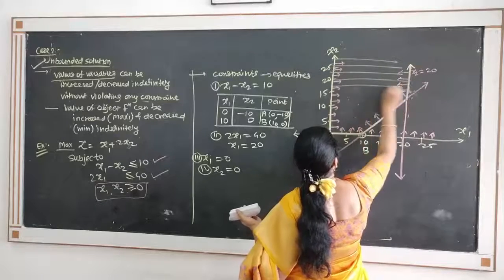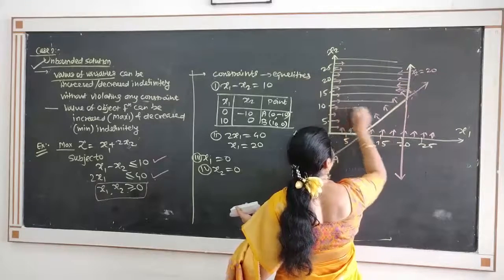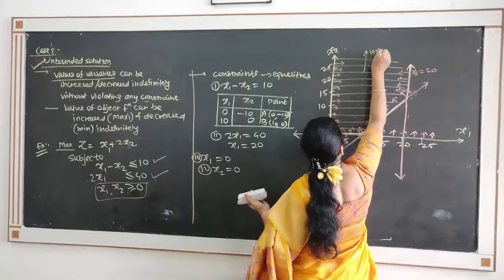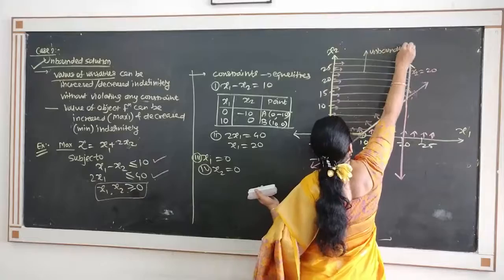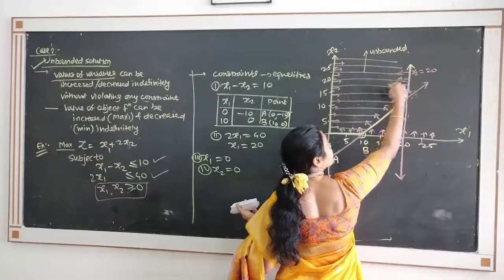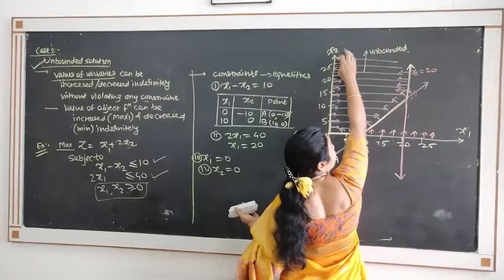Shade the region. Now see that this region is unbounded. You can increase the value of x1 as well as x2.